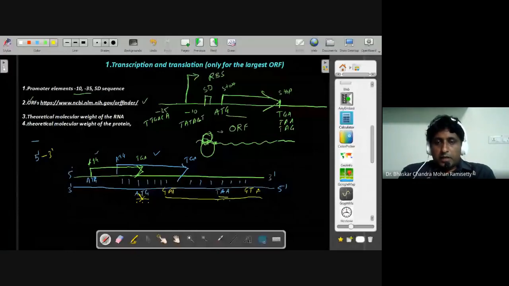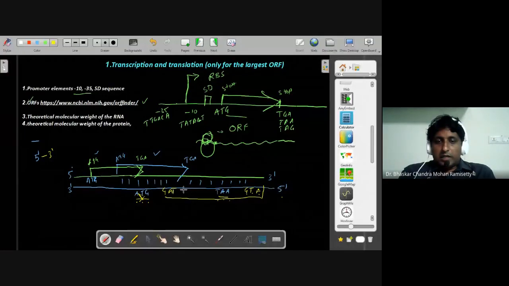Here you have ATG. I'm reading from 5 prime to 3 prime, ATG, and then I'm ending with TAG. So keep that in mind all the time, so that you'll be able to look at the sequence much more critically, and then you can derive more information.